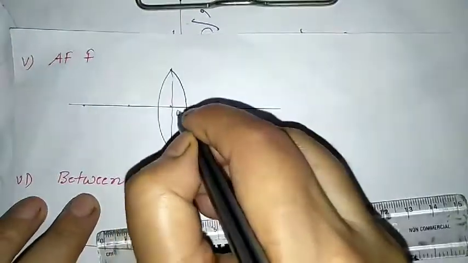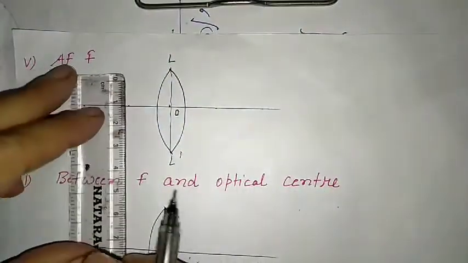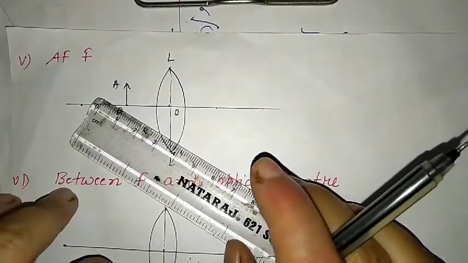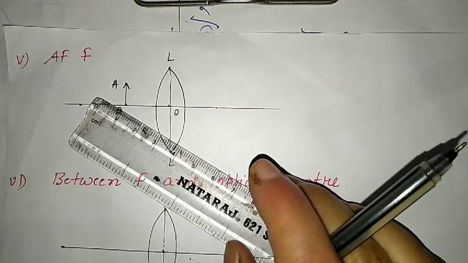This is our optical center, lens. So the object is placed at focus. This is A and B. The object is placed at f.